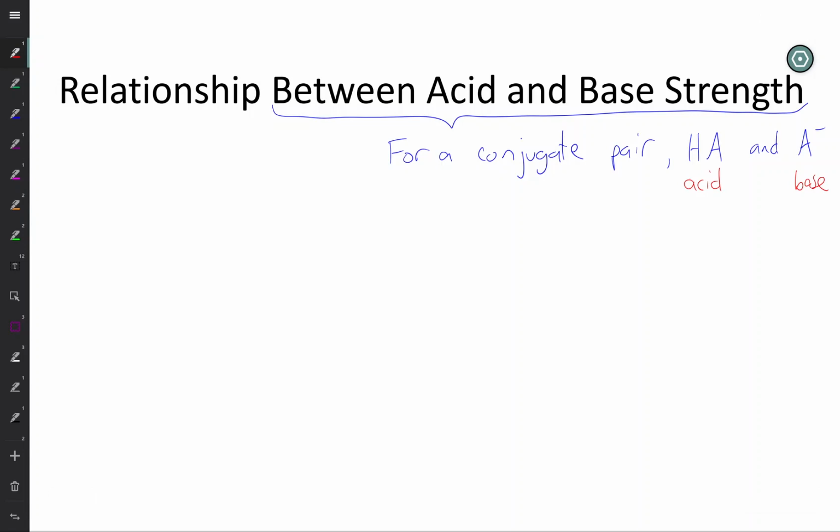If HA is really likely to split up and give away H+, what does that mean about how likely A- is to go out and steal H+? If they were really willing to split up, that means A- doesn't really care if it has H+ or not, and it's going to be less likely to go out and grab it. So another way to say that is, the stronger HA is as an acid, the weaker A- will be as a base.